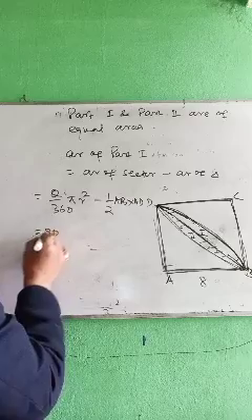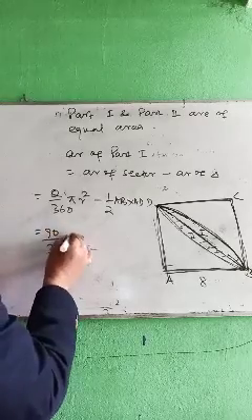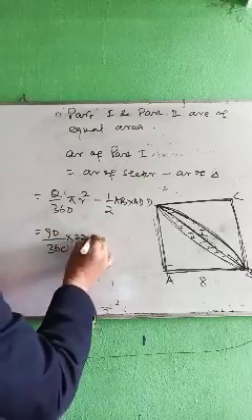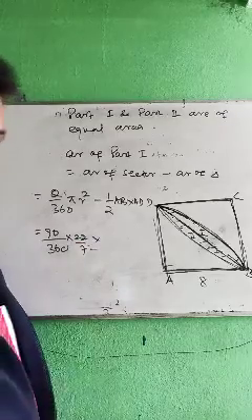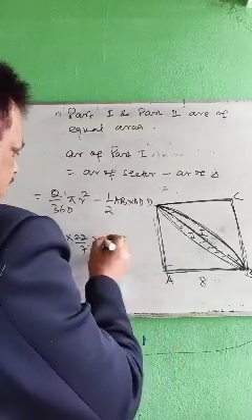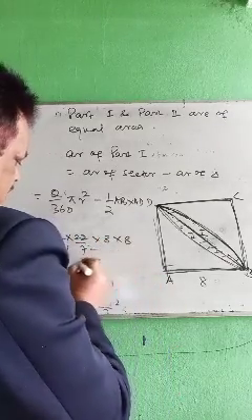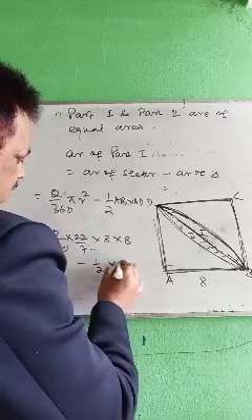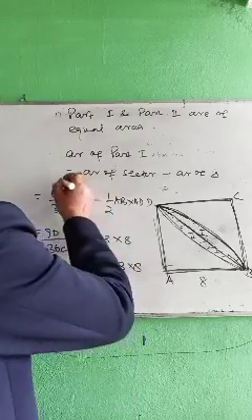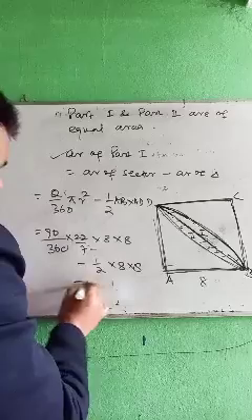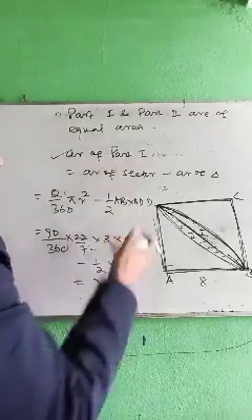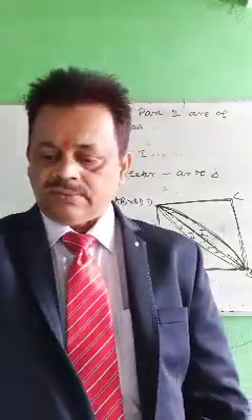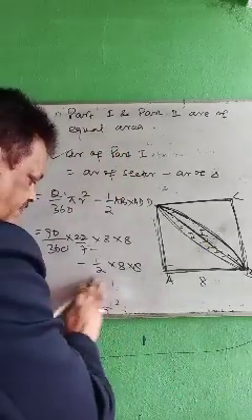Theta is 90, pi is 22 by 7 because pi is not given, then 8 into 8, minus half 8 into 8. This is part 1, so find it out. Then the same is part 2. Then you have to add those two. So try to complete.